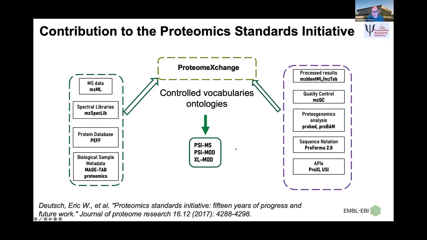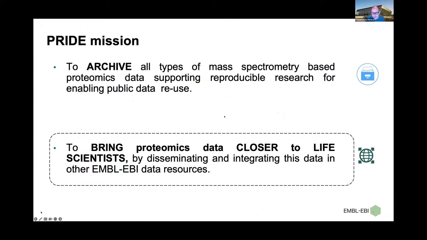There are a lot of controlled vocabularies that are also maintained by HUPO PSI. PRIDE actually has two missions. The first one is archiving major mass spec data types and enabling the community to reuse this data.